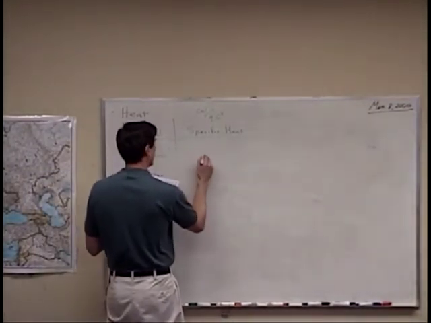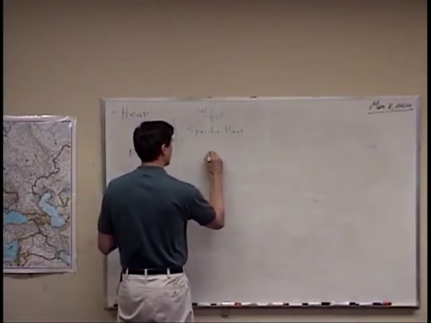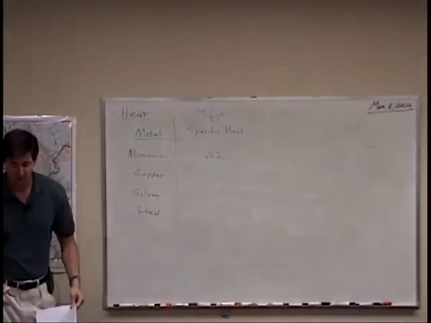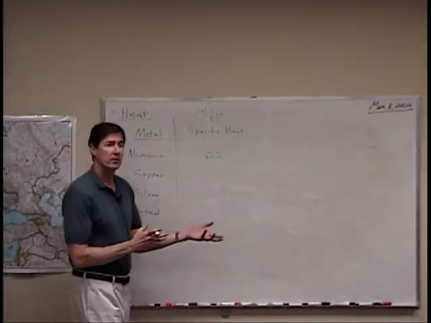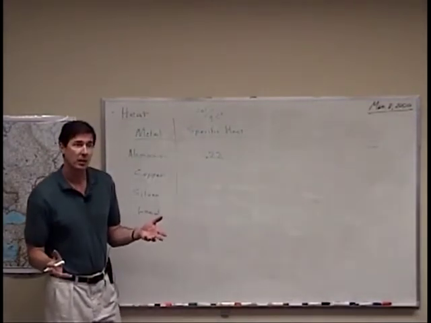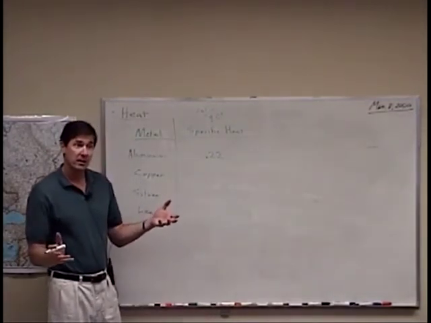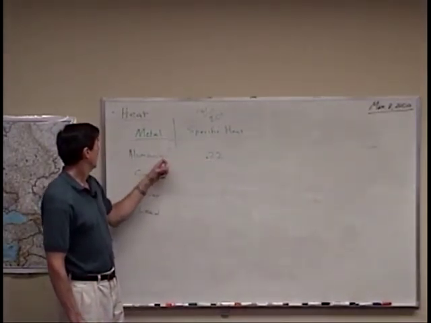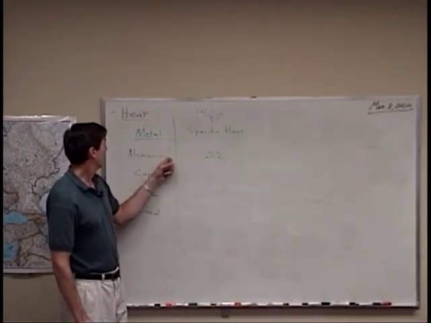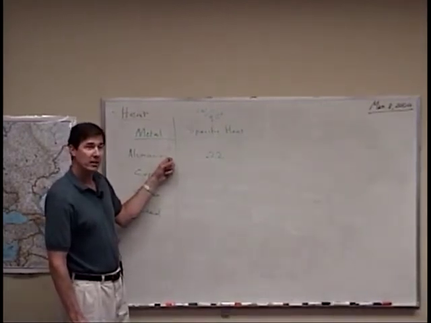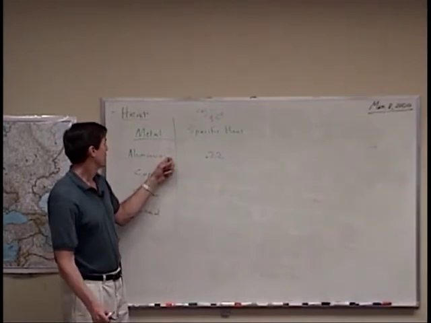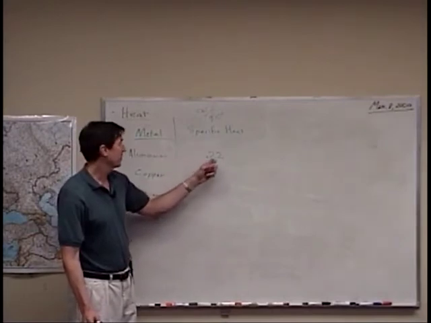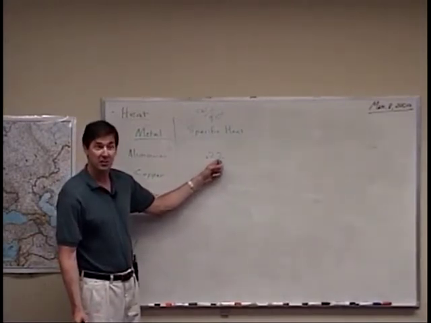For aluminum, you get 0.22, okay, which means, if you mixed equal weights of aluminum and water that were at different temperatures, the aluminum would change its temperature by, say, 100 degrees in a case where the water only changed its temperature by 22 degrees.